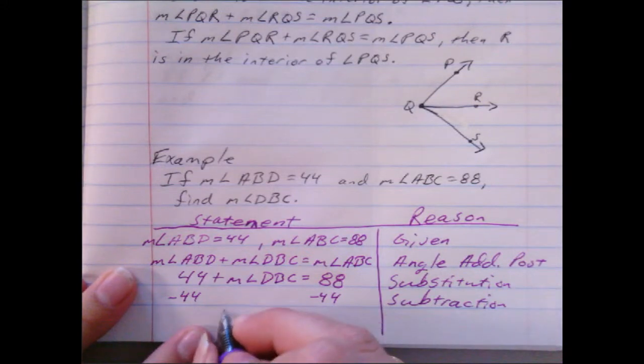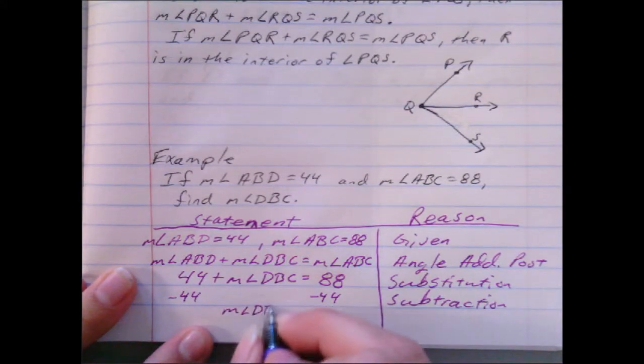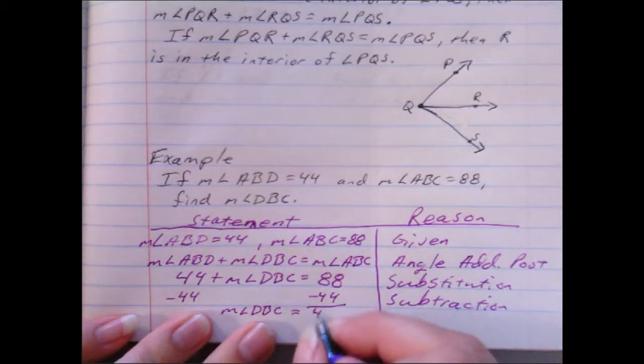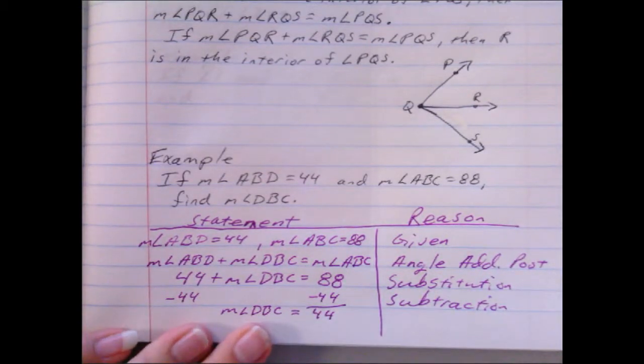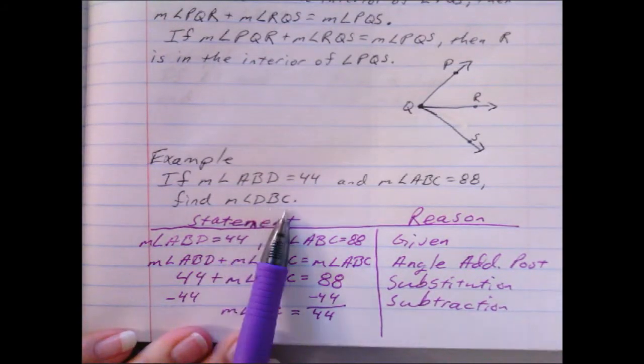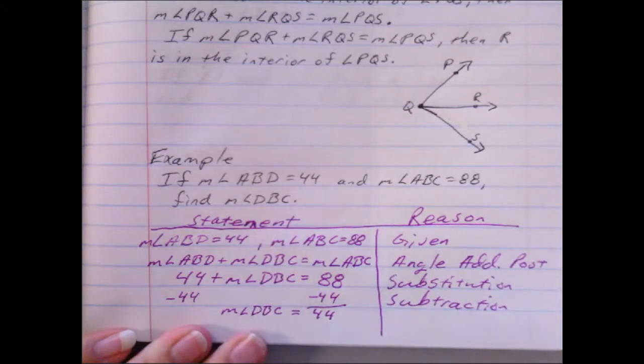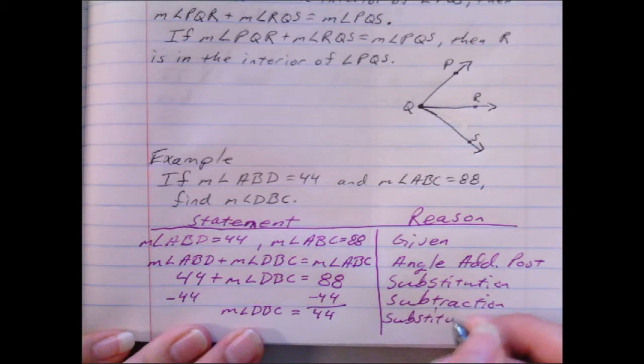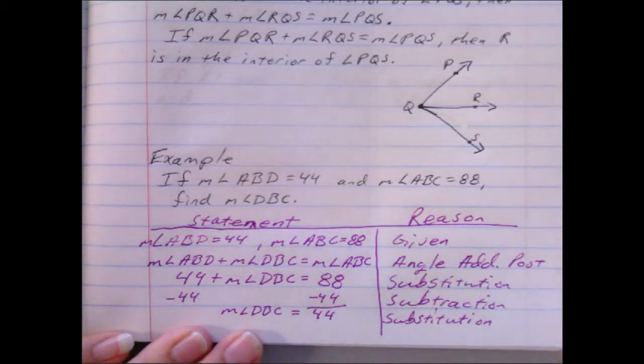So then I'm left with the measure of angle DBC equals 44. So we found the measure of angle DBC, it is 44, and this is substitution. Okay.